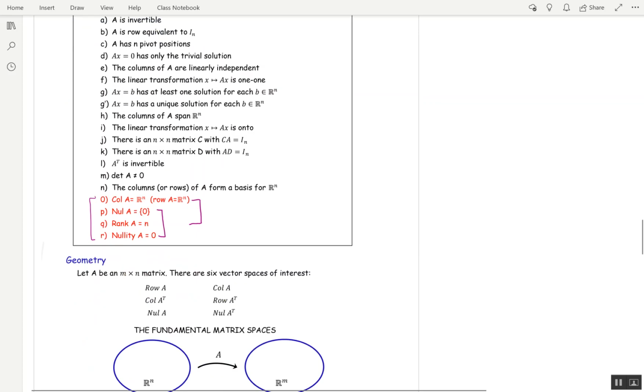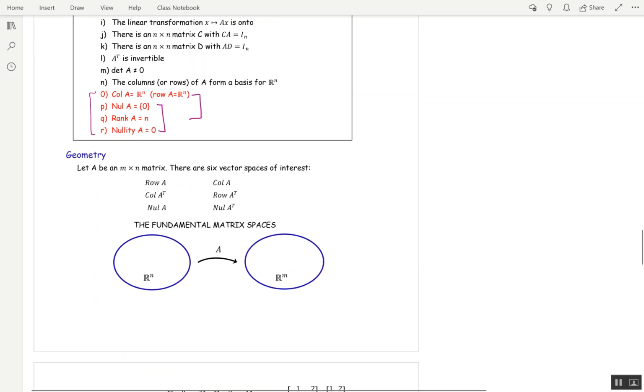All right, let's look at the six fundamental vector spaces if we have A is an m by n matrix. So if we consider A and A transpose, A maps Rn to Rm, and A transpose maps Rm to Rn.